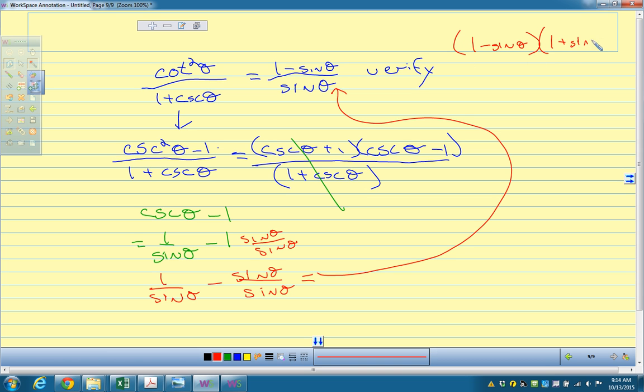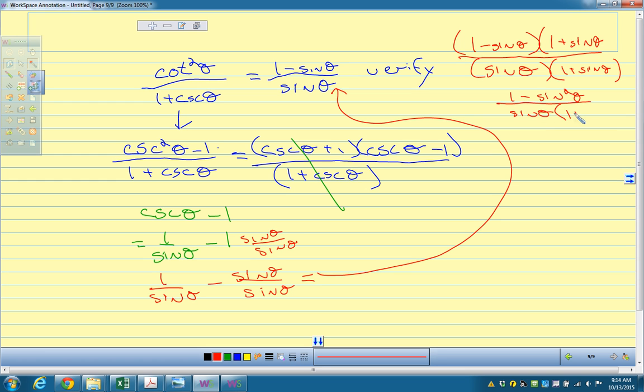1 plus sine of theta. If I multiply the top and the bottom by 1 plus sine of theta, maybe this will be easier. Okay? Then on the top, I'd have 1 minus sine squared theta over sine of theta. I'm not going to cancel anything out yet.